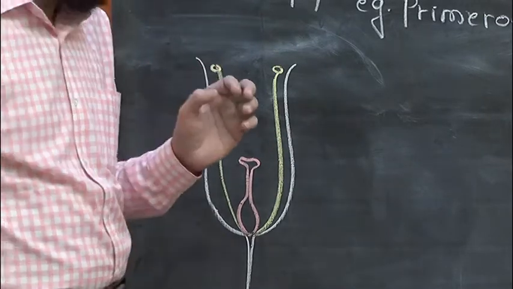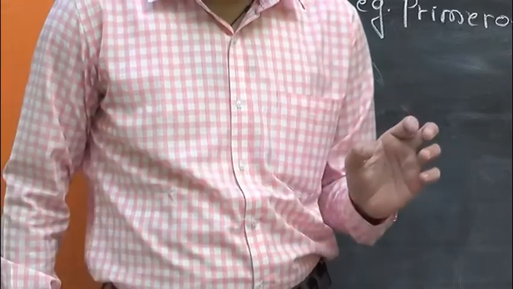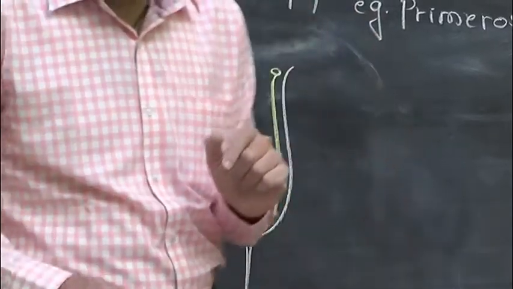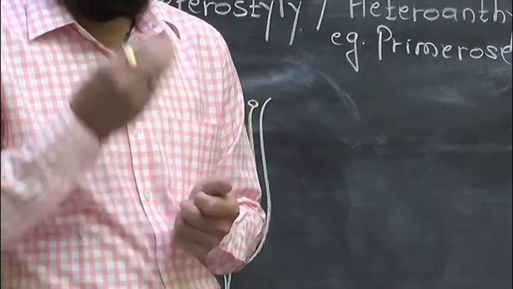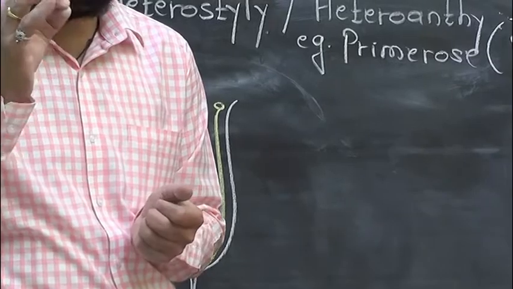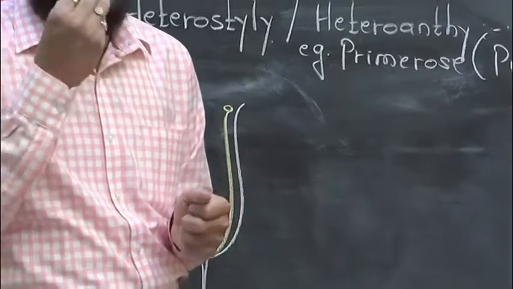Entomophilous means the pollination is achieved by means of insects, and we know that insects have a proboscis of definite length. Proboscis means mouth part.